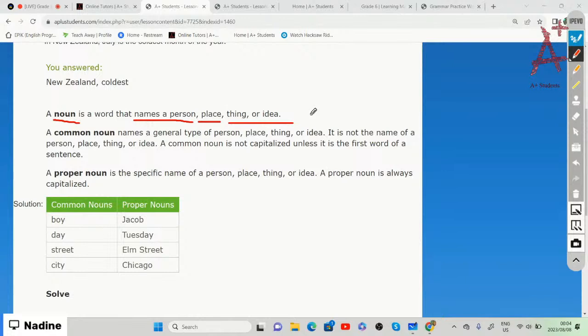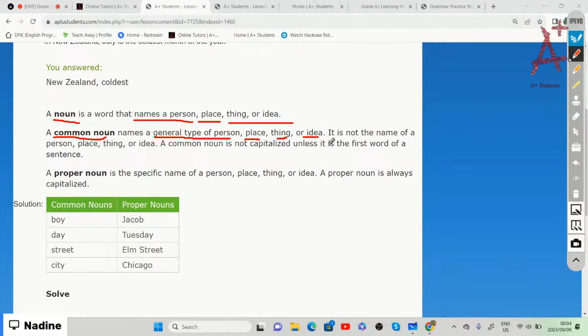Then we have common nouns and we also have proper nouns, right? A common noun names general types of people or person, places, things, or ideas.